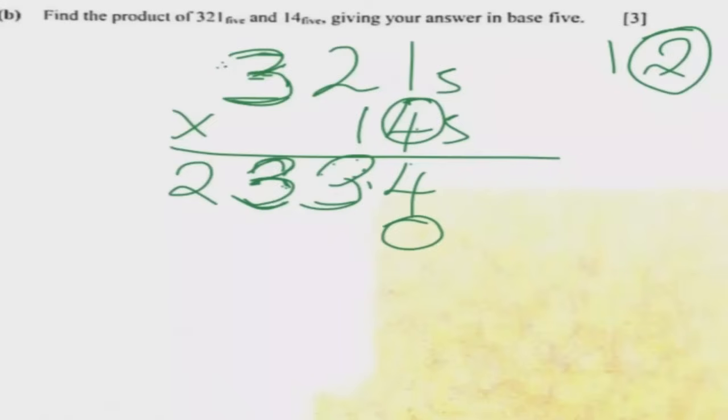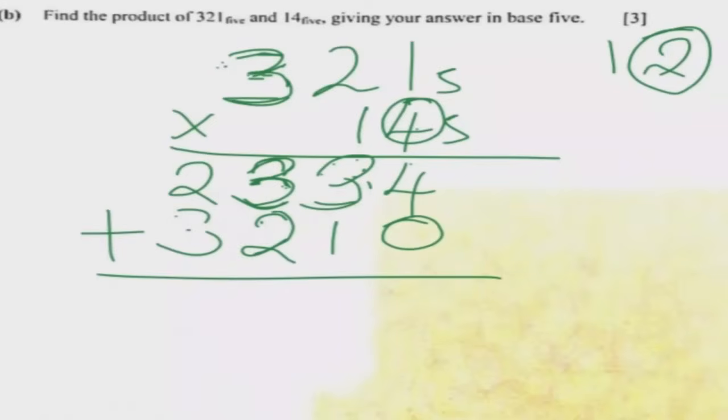Then we say 1 by 1 will give us 1. 1 by 2 will give us 2. 1 by 3 will give us 3. Now what we do is we add the numbers. 4 plus 0 will give us 4. 3 plus 1 will give us 4. 3 plus 2 will give us 5.